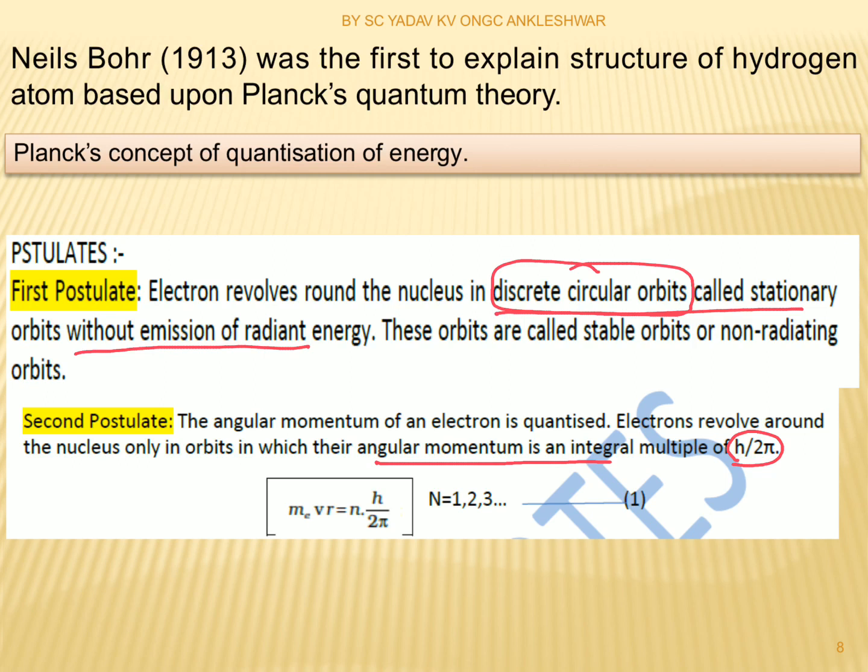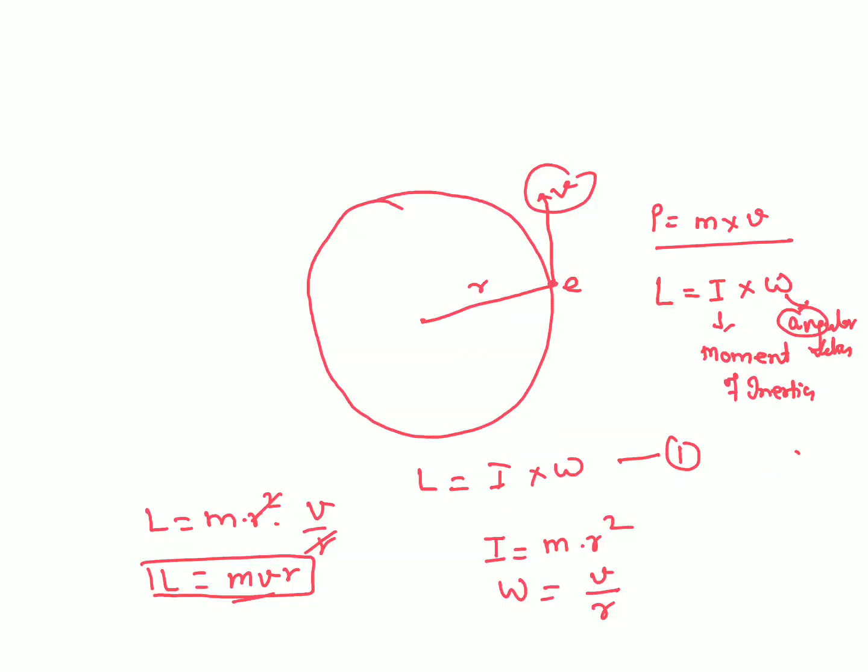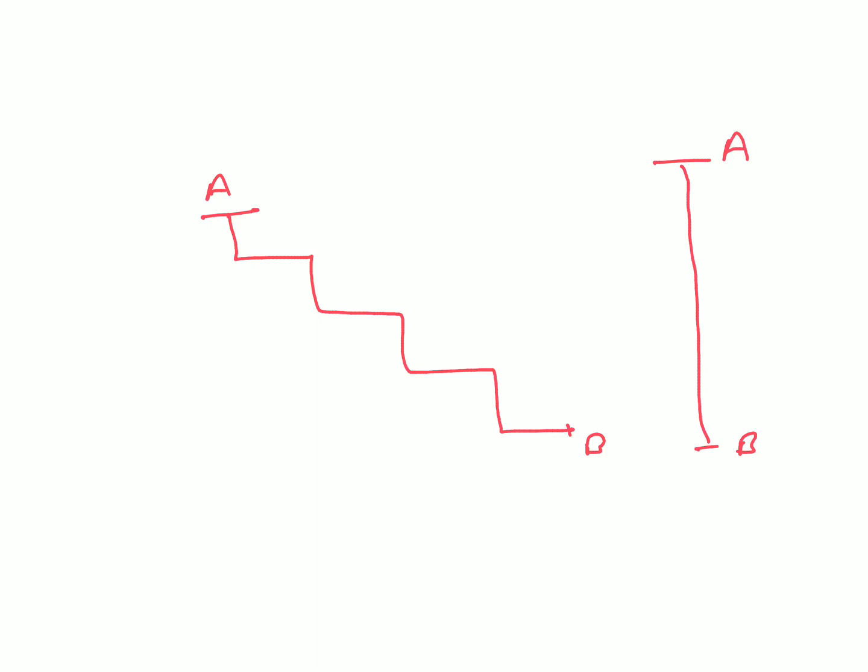It is a very important term, quantized. Quantized means at different levels the value is different. You can understand the concept of quantized with this picture. Suppose you are going from point B to point A. If you are at position X, at position Y, at position Z, your distance from the ground surface is different.